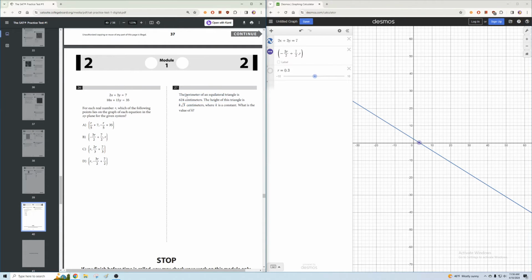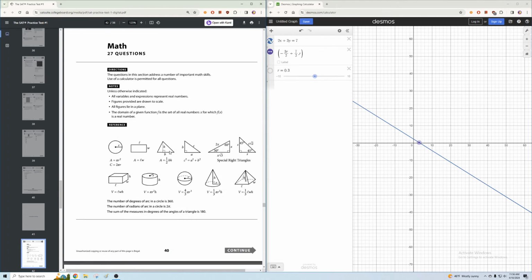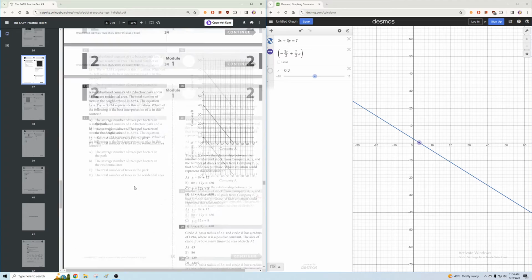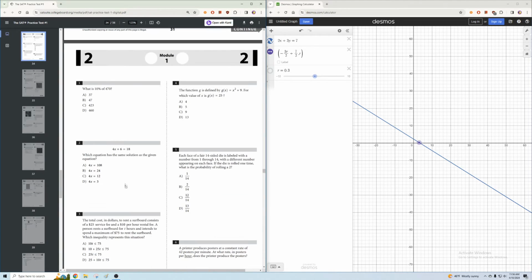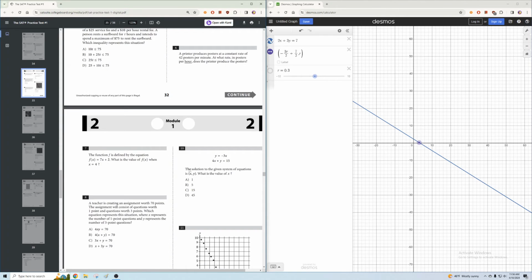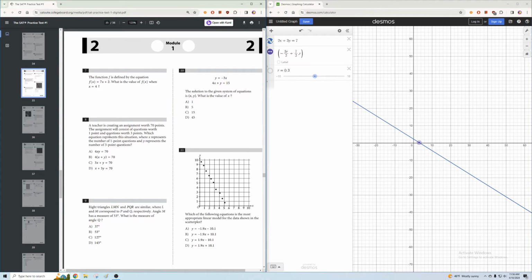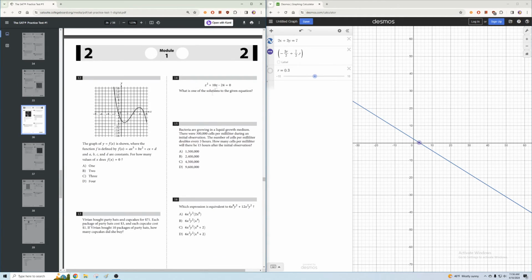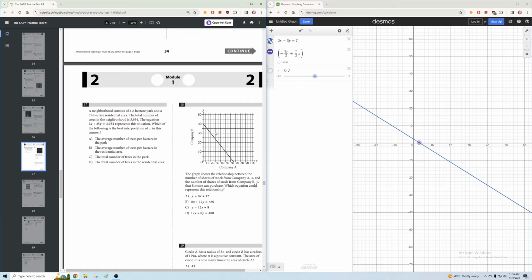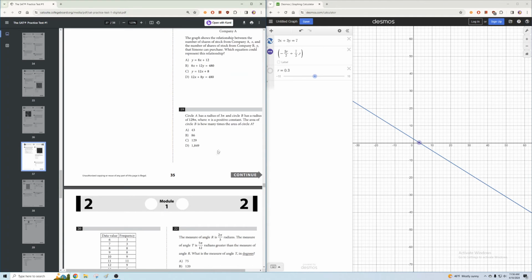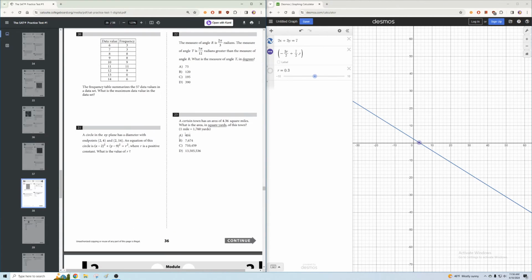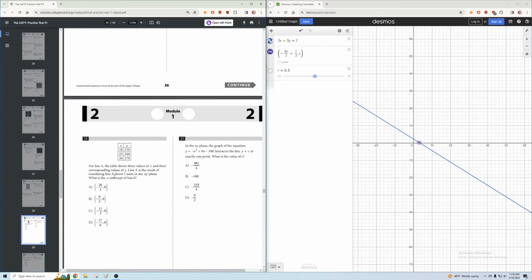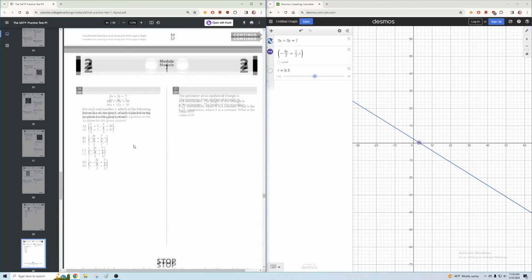And then over here, this is a triangle. So no, I would probably not use Desmos for this. I would just use geometry, use your knowledge of geometry. I don't know how many of those there were. I'm kind of curious. I got to count, right? So that's 1, 2, 3, 4, 5, 6, 7, 8, 9, 10, 11, 12, 13.